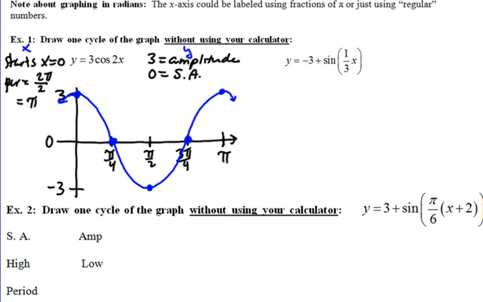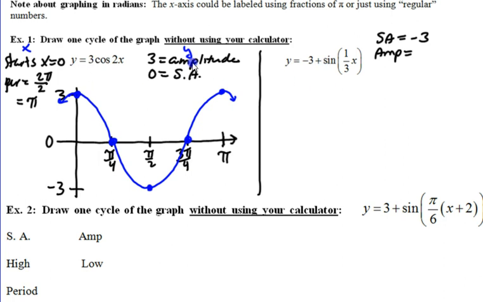Okay, second example here. Now we have a number added outside the function. So this is my sinusoidal axis. This tells me that the entire graph has shifted down 3, so the sinusoidal axis is -3. What's the amplitude? How far up and down do I go from -3?